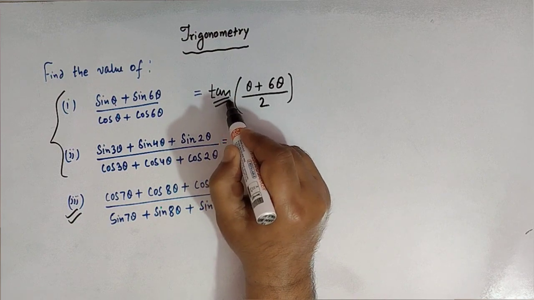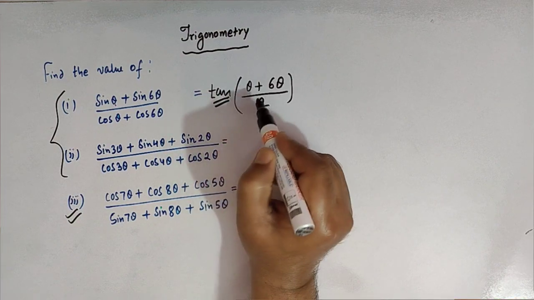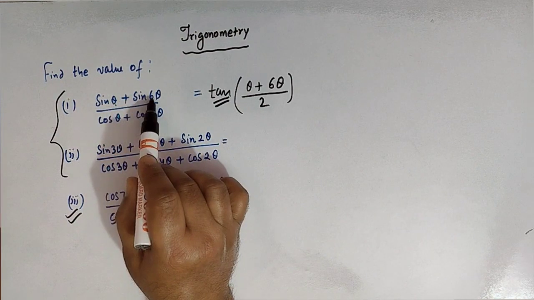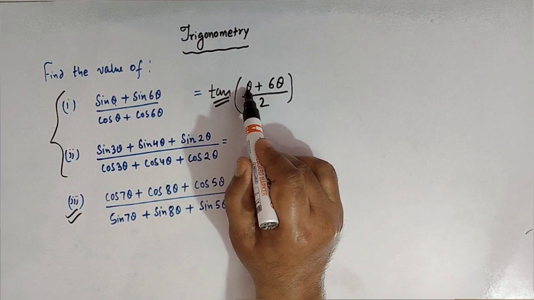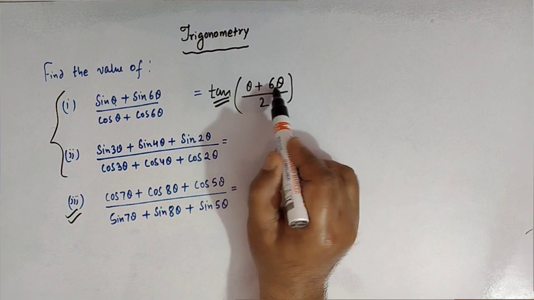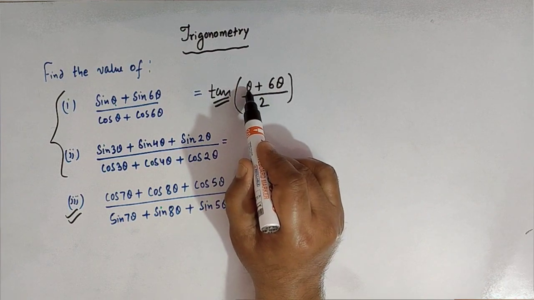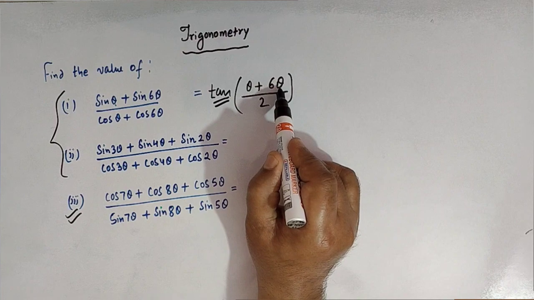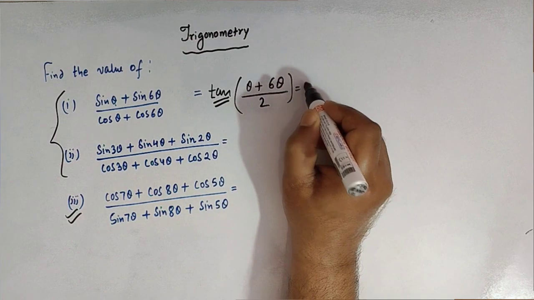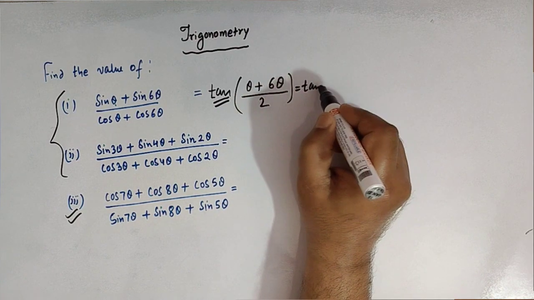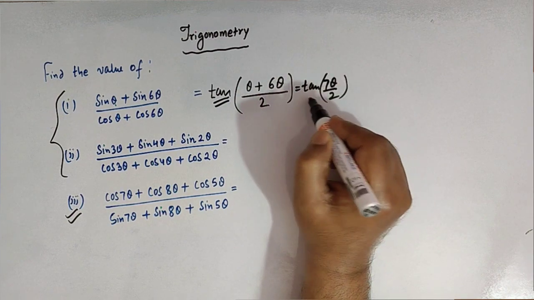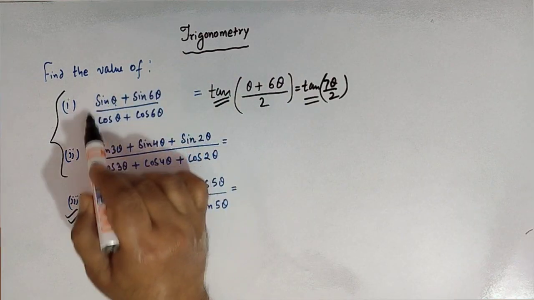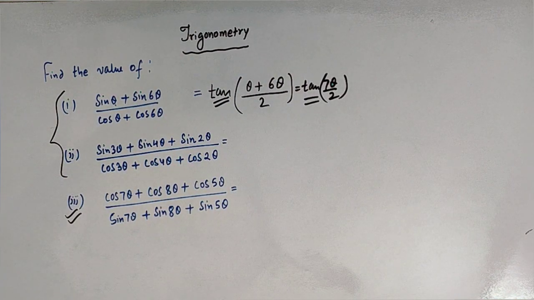So we have directly here tan of 7 theta over 2, right? So this is the value of this expression, right?